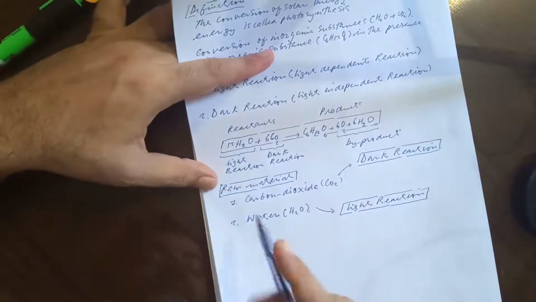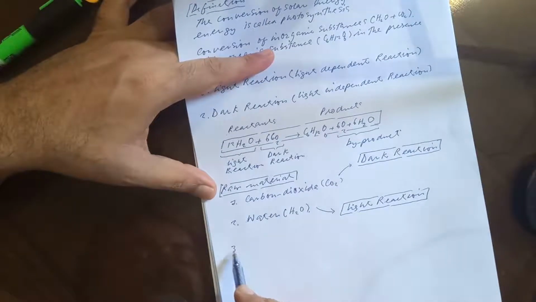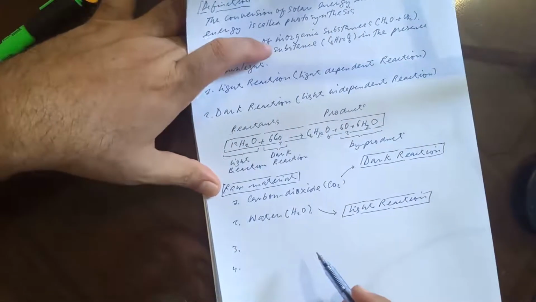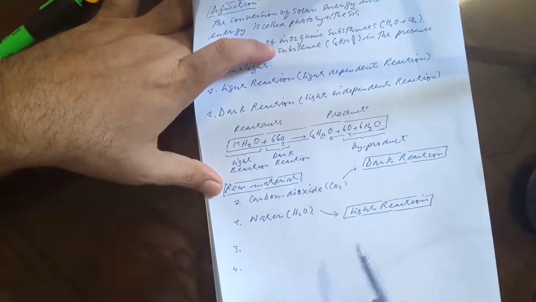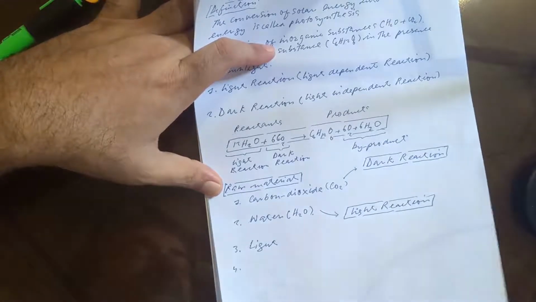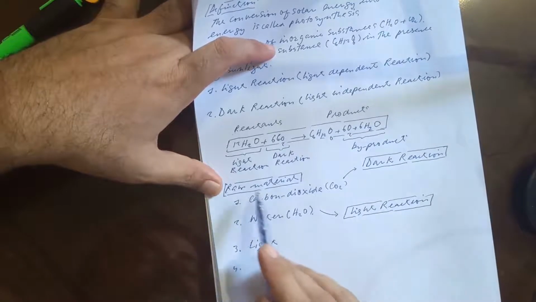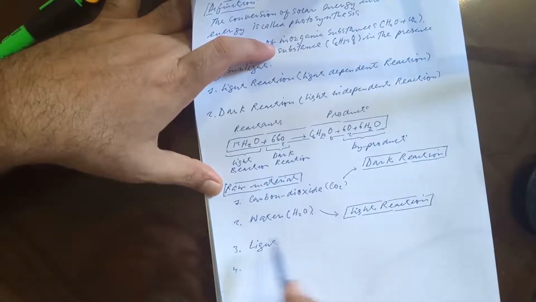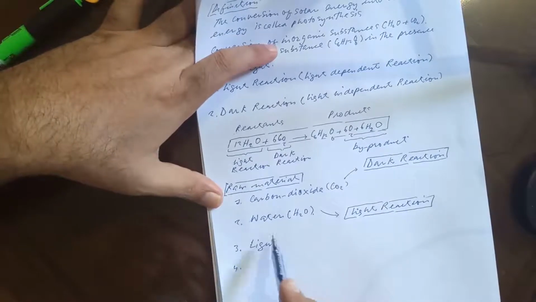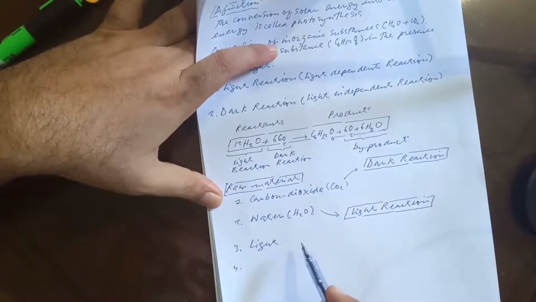But these two things are not all. There are actually four things which you require for photosynthesis to take place. The third is light, but since light is not materialistically present here, we don't really put it in the raw material. Light is also a third factor required for photosynthesis.